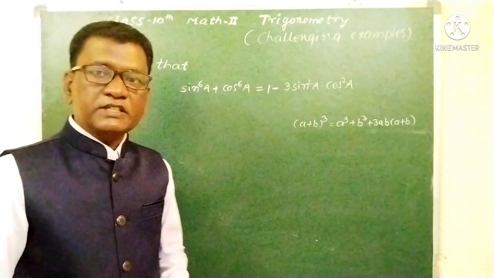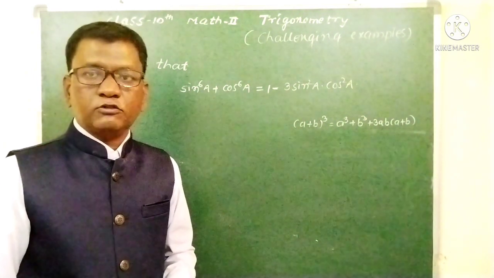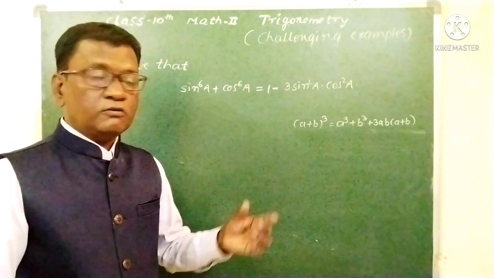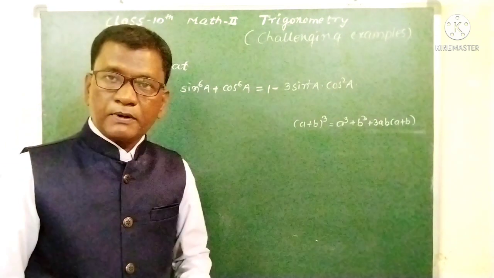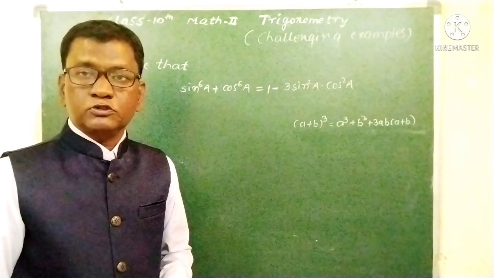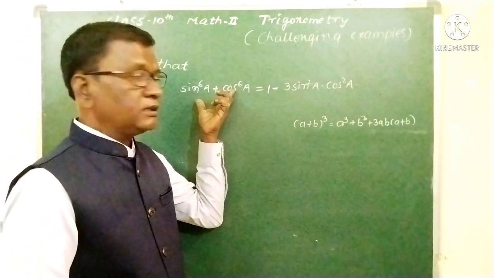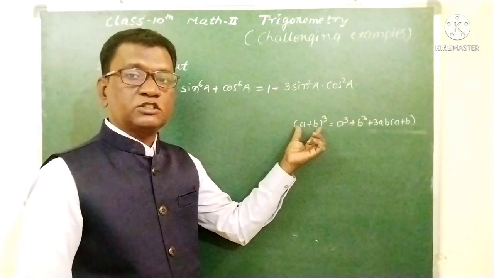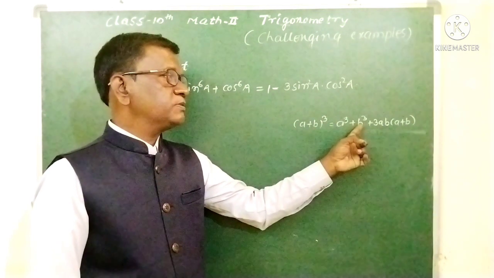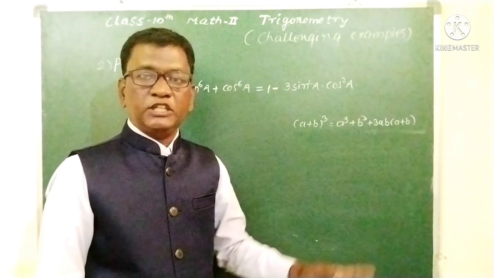To solve such type of example, some algebraic formula we have to use, and by using such formulas we can easily solve such type of example. We want to know the formula a plus b bracket cube, and we have formula for that: a cube plus b cube plus 3ab into a plus b.